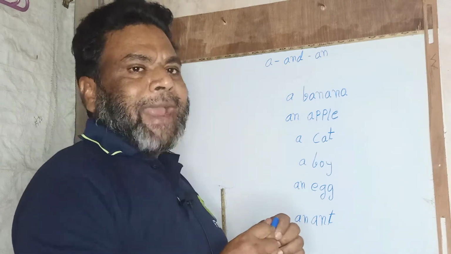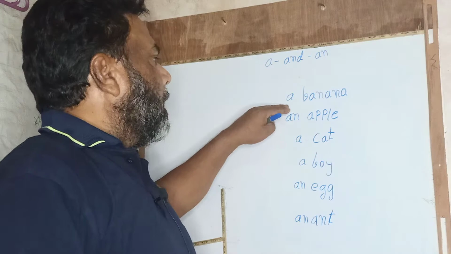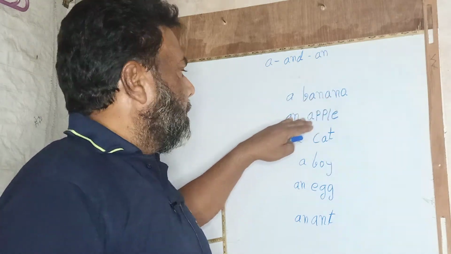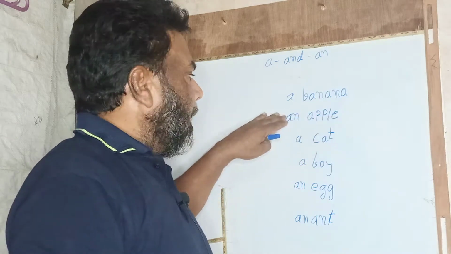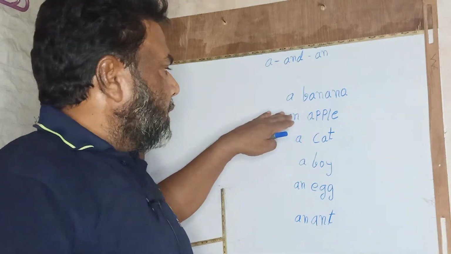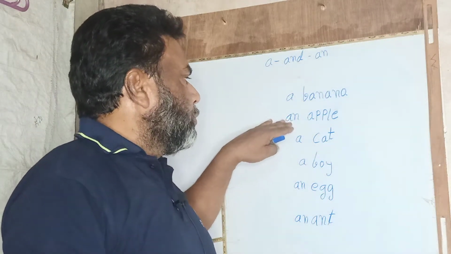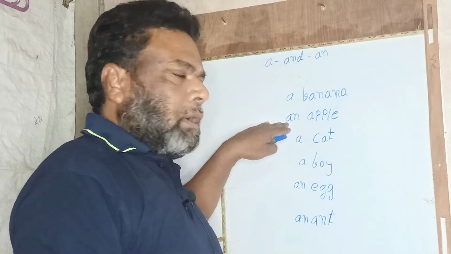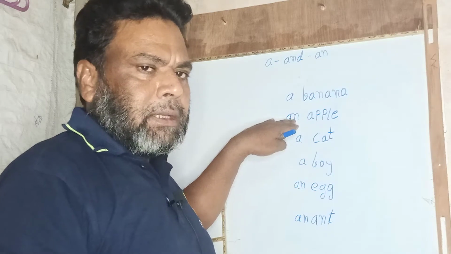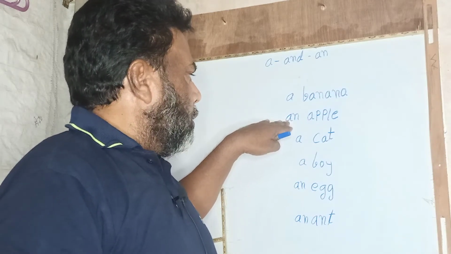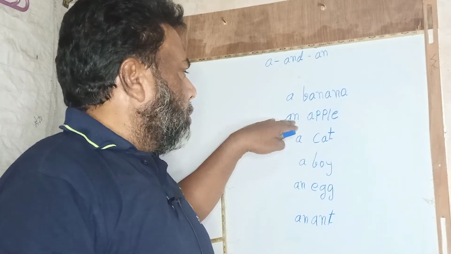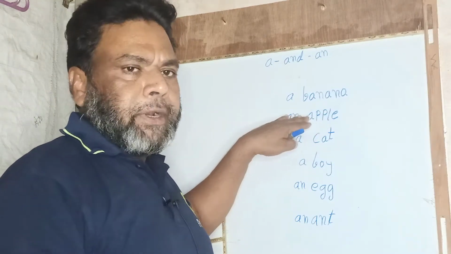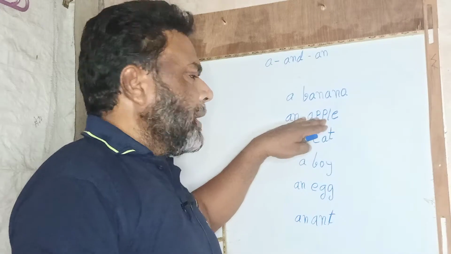So let's practice with me. A banana, a banana, an ant. Keep in mind, when you use an in front of a noun, you say it like one word, an ant.